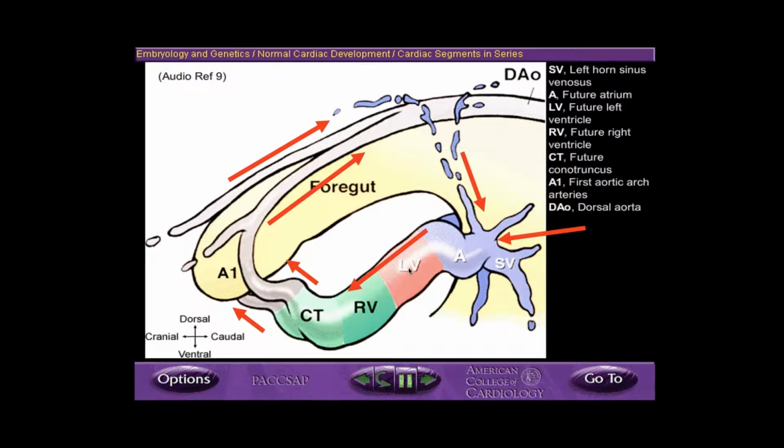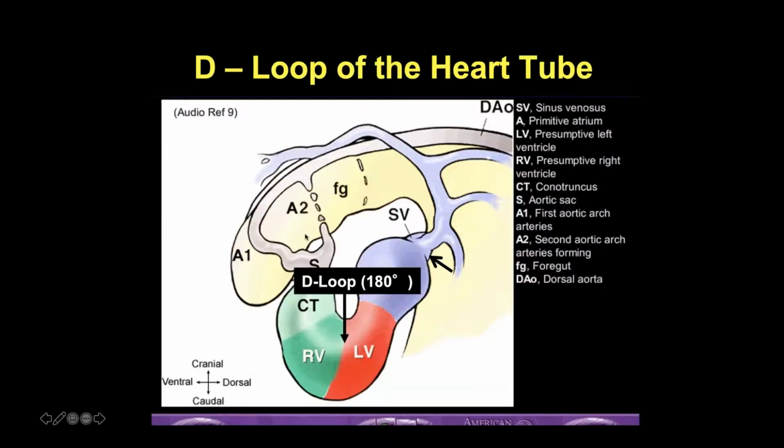It connects to the presumptive left ventricle, which then connects to the presumptive right ventricle and the truncus arteriosus. And then you have a looping between the presumptive left ventricle and presumptive right ventricle here.